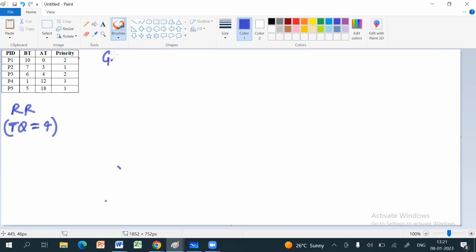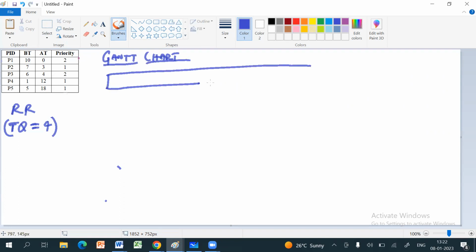So let's start with the Gantt chart again. The Gantt chart will start at time 0. At time 0, P1 is the only one which is currently available. So P1 will be scheduled first. P1 has a burst time of 10, but it would not continue till 10 because it's a preemptive version that we are working on.